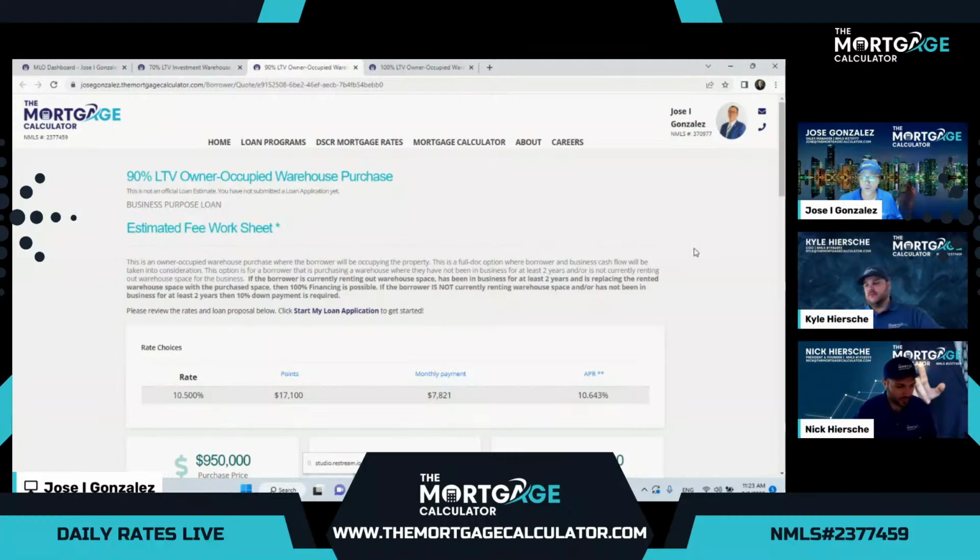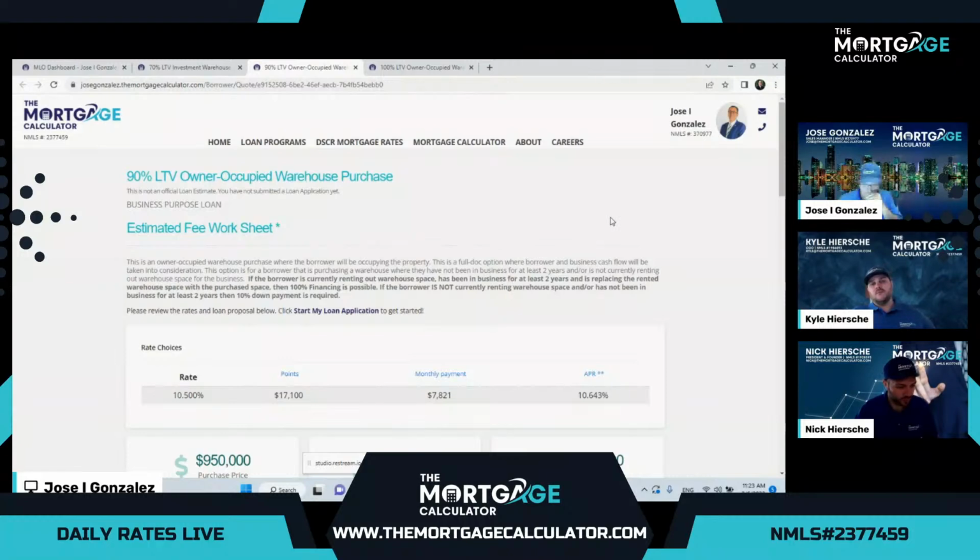If you need a few more options, maybe if you need an alternative document option, then it would be something similar in loan to value as the first option that I showed you, 70% LTV, similar rates, except you're going to have to provide cash flow and bank statements, stuff like that, but you're not going to have to provide any type of tax returns.